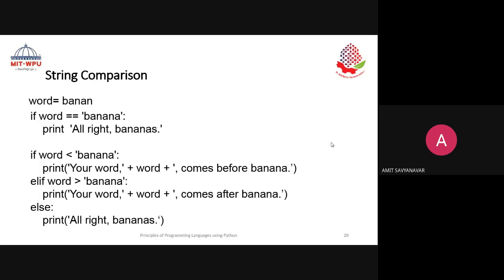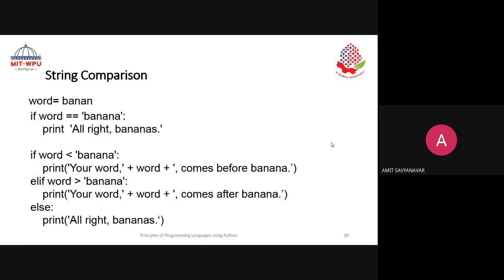Now what happens when you carry out such a comparison, that is, word is less than the string, the banana in this case? It would do a character by character comparison. Word in this case would be BANAN. So B would be checked against the B on the right hand side, A against the A on the right hand side. But when the checking is being done, it is going to check the Unicode.